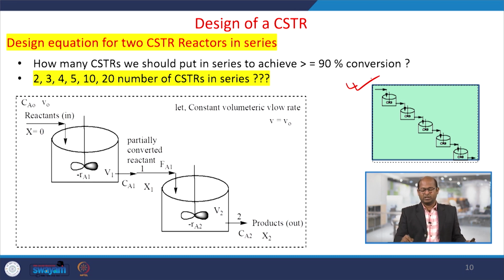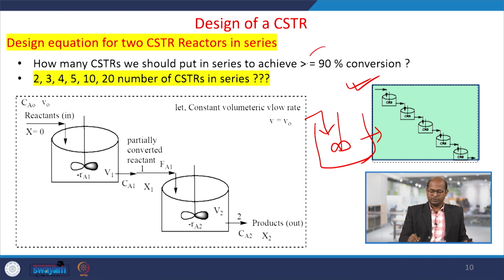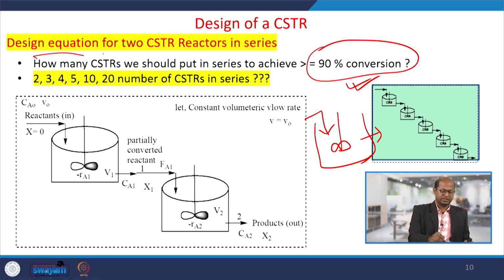We discussed that using a number of smaller CSTR reactors in series is much more advantageous compared with larger volume CSTRs. So, suppose we want to get 90% conversion for a particular reaction, how many CSTRs do we have to connect?